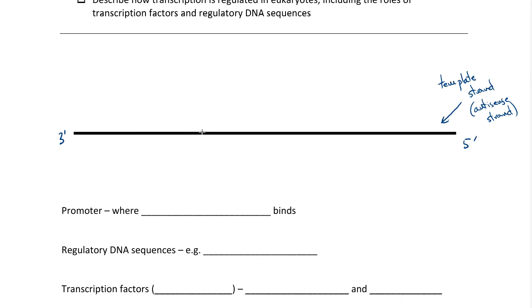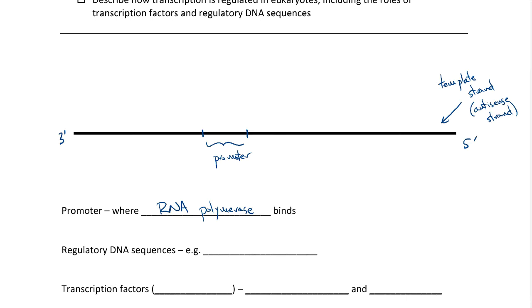Now remember that the sequence of DNA where the RNA polymerase binds is called the promoter. So that's a non-coding sequence of DNA where the RNA polymerase is going to bind, and it has a directionality, and it's only going to be on the antisense strand.